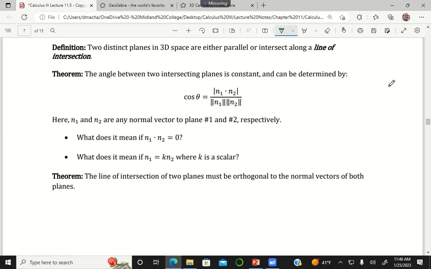The same plane. Yeah. So that would mean that your normal vectors are parallel to each other, which means that the planes are also parallel to each other. Yeah. But not necessarily the same, right? Yeah, they don't have to be the same plane. Okay. They could have the same normal vector and not be the same plane. They could just be parallel planes.